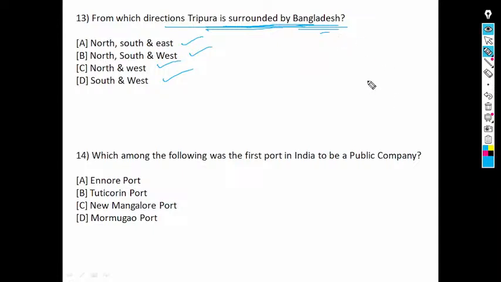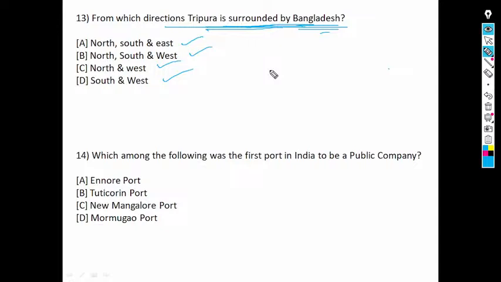Tripura is surrounded by Bangladesh. So we can say Tripura is surrounded by Bangladesh from the west and south.